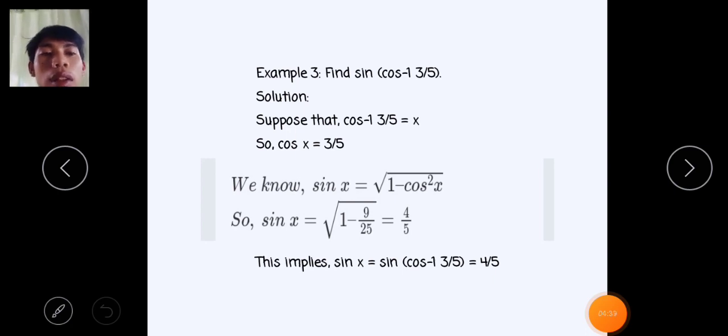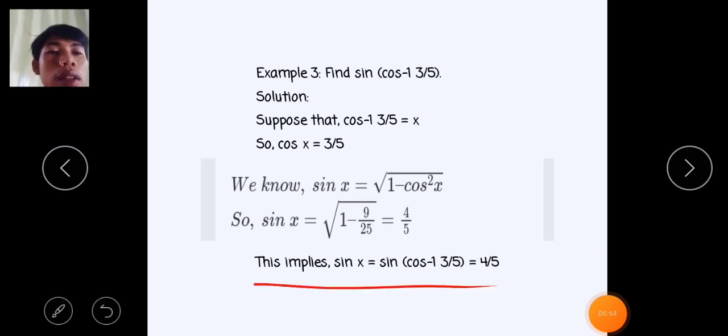So sine x is equal to the square root of 1 minus 9 over 25, which is equal to 4 over 5. It simplifies that sine x, which is sine of arc cos 3 over 5, is equal to 4 over 5.